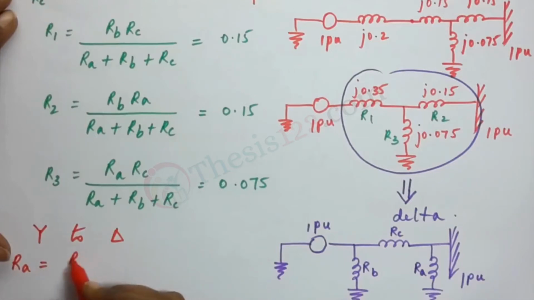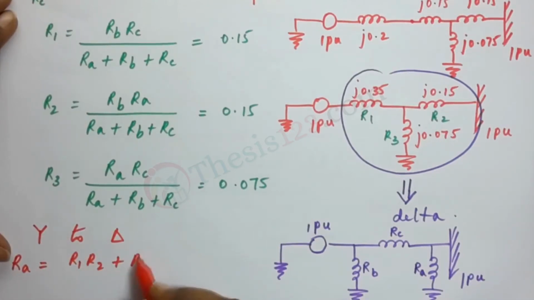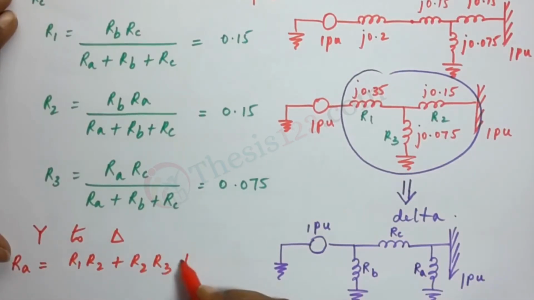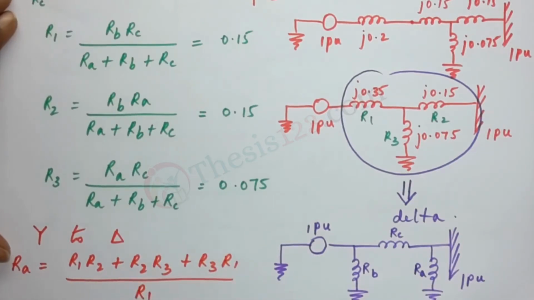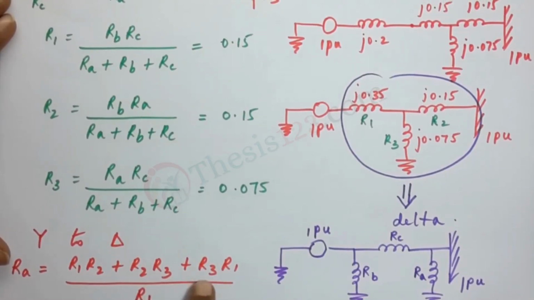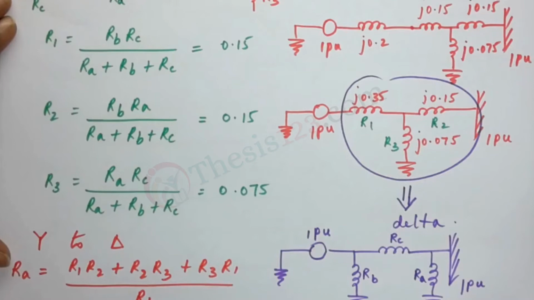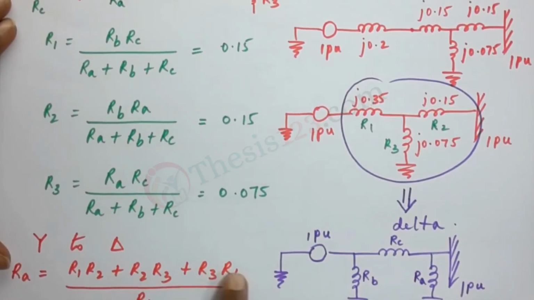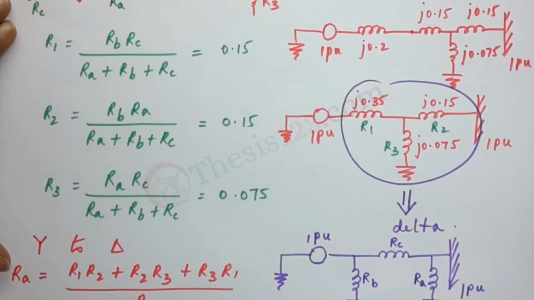RA would be R1 R2 plus R2 R3 plus R3 R1 divided by R1. So RB would be R1 R2 plus R2 R3 plus R3 R1 divided by R2, and RC would be, the numerator would be same, divided by R3.